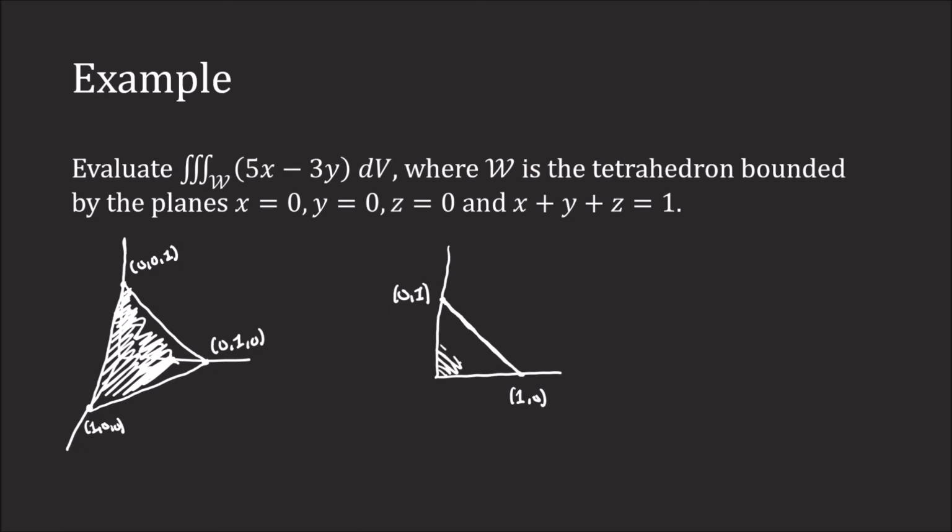So this is our domain D, whereas this would be our domain W. So this is the projection of W onto the xy plane. Now, this line here is the line x plus y equal to 1. Right, this entire surface here was x plus y plus z is equal to 1.